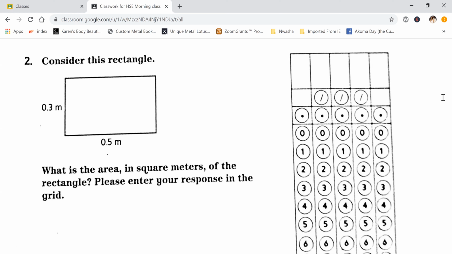So your answer is going to be a decimal point, then a 1, and then a 5. So if you do get a grid like this, every single character has to go in its own box. And then you have to fill in or click, because you're not going to be using pencil and paper, but you're going to click a decimal point, a 1, and then a 5, just to show that you know how to do a grid form.